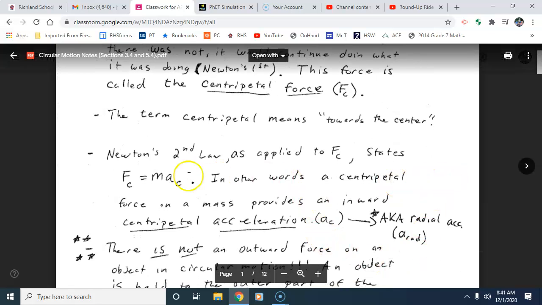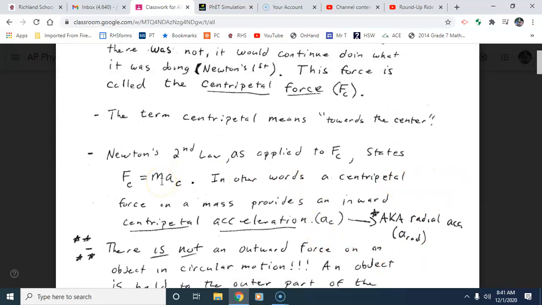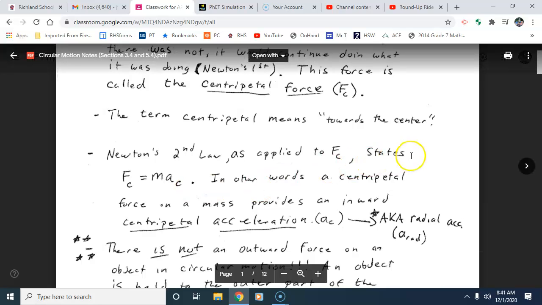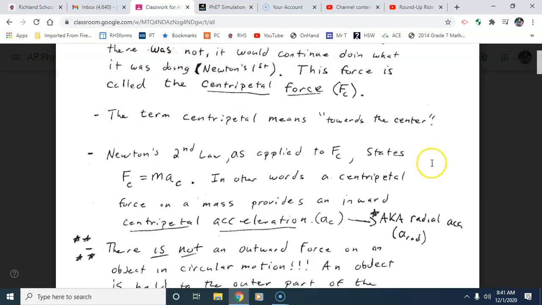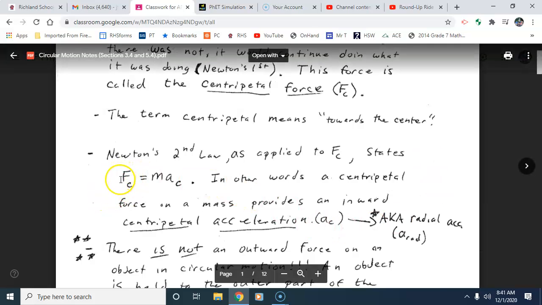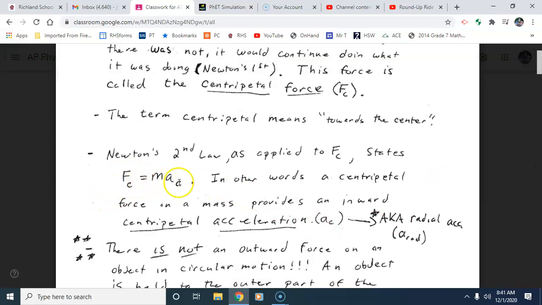We could also use, and we will later in the week, Newton's second law. We just adjust it. We know that the sum of all forces equals ma, right? Well, this is just the centripetal force or forces equal m times the centripetal acceleration. We could use this specific form for that.